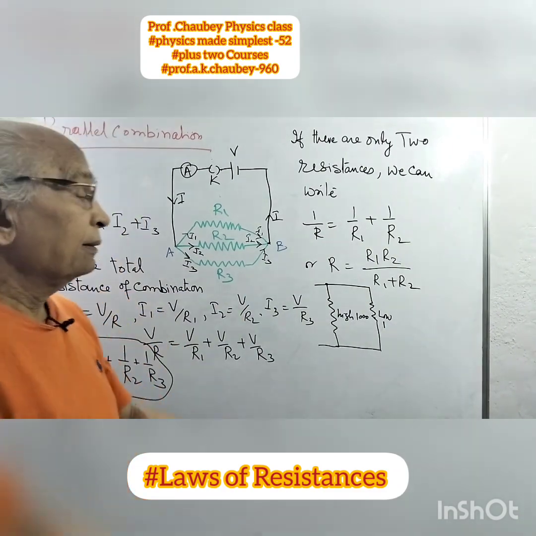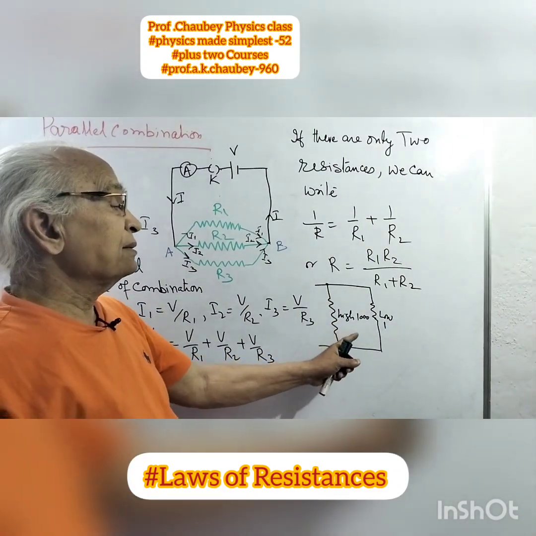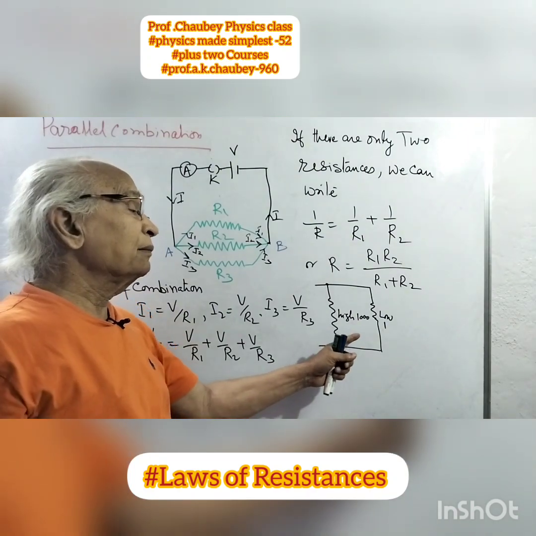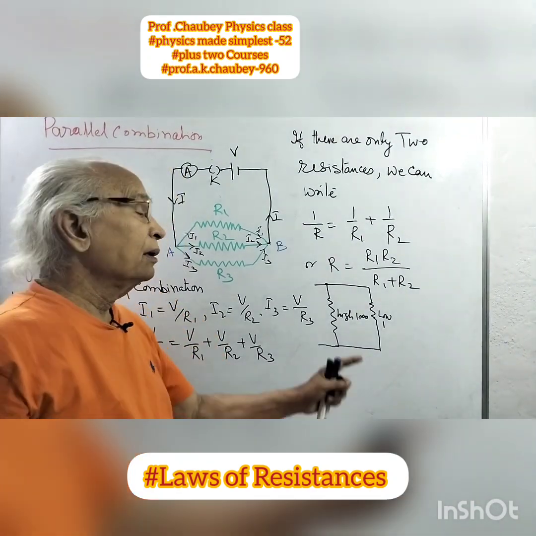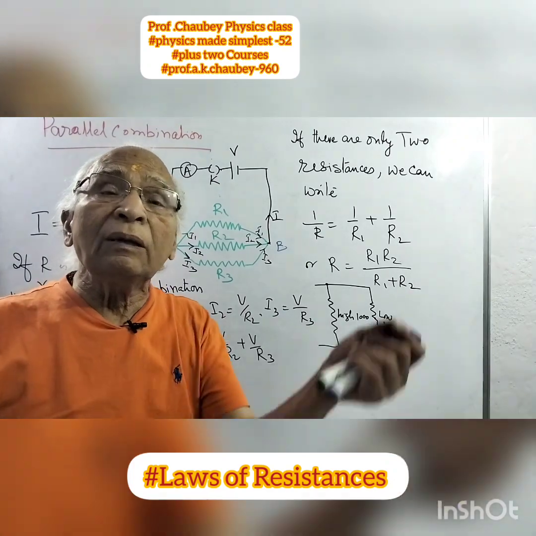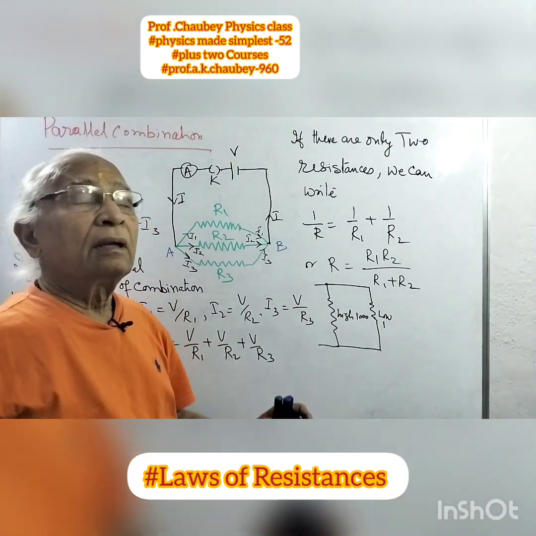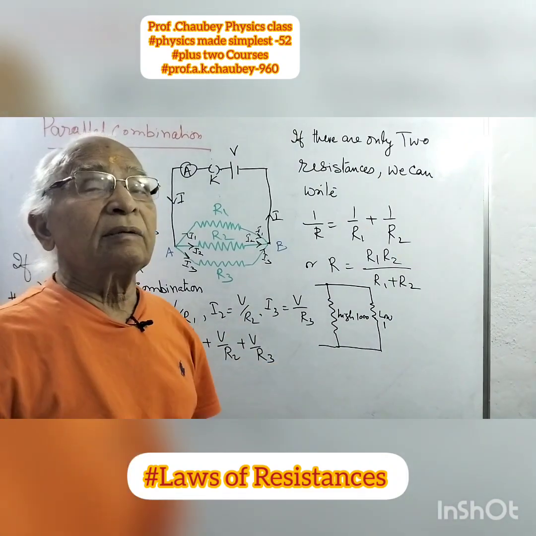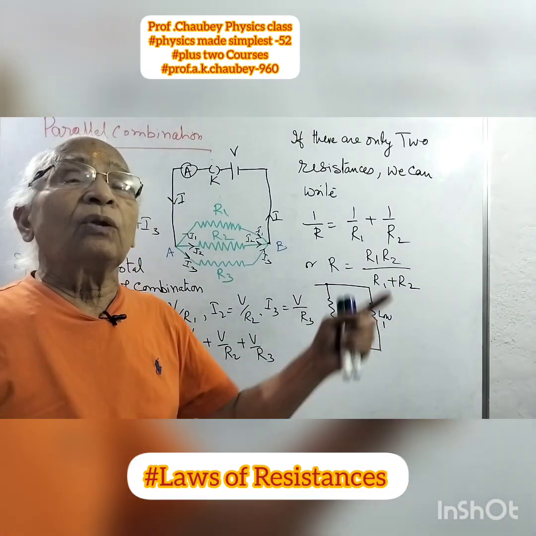Remember always that when a high resistance is connected with a low resistance in parallel, the resultant is even lower than the lowest resistance. With many parallel circuits like this, the resultant resistance will be less than the lowest resistance.